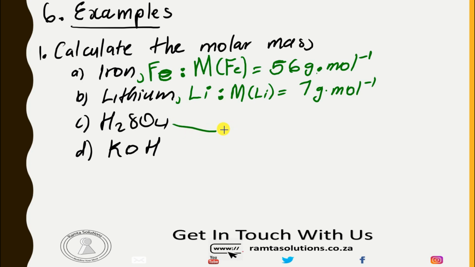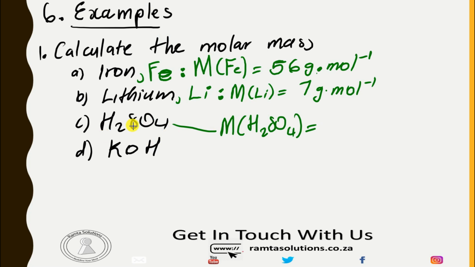We call it sulfuric acid. Its molar mass, now this is what we are referring to as the formula mass. Remember we said we must add the relative atomic masses of all atoms or elements making up this compound.